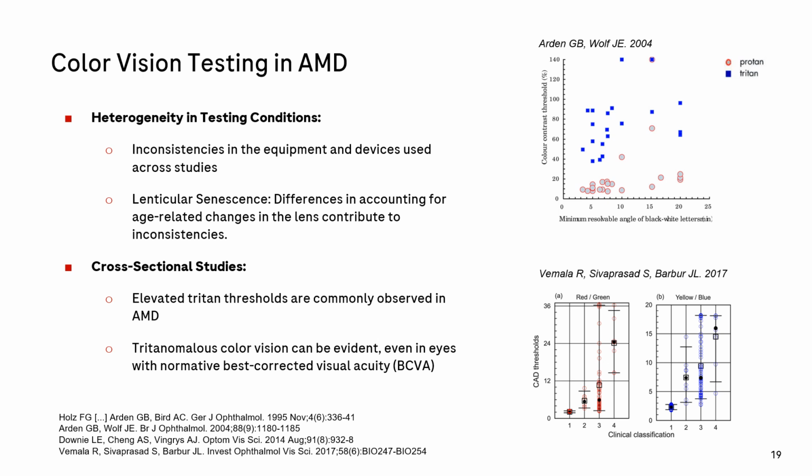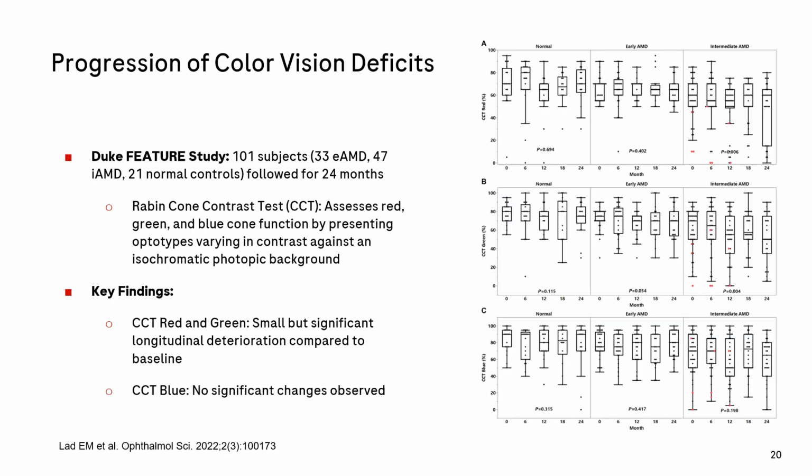However, regarding color vision, there are only very few studies investigating change over time. Here's one example from the Duke FEATURE study, which was the largest prospective study with refined phenotyping in AMD that also included color vision testing. They included this automated Rayner cone contrast test, which is one of the most rapidly performable color vision tests in clinics.